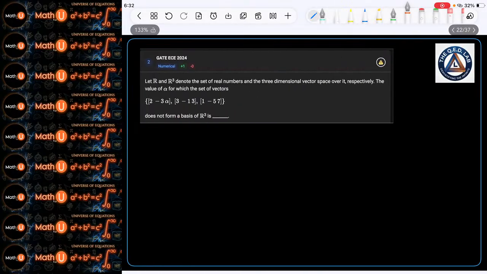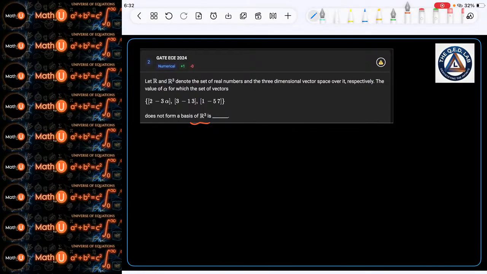And this is a question: let R and R3 denote the set of real numbers and a three-dimensional vector space over it, respectively. The value of alpha for which the set of vectors does not form the basis of R3.